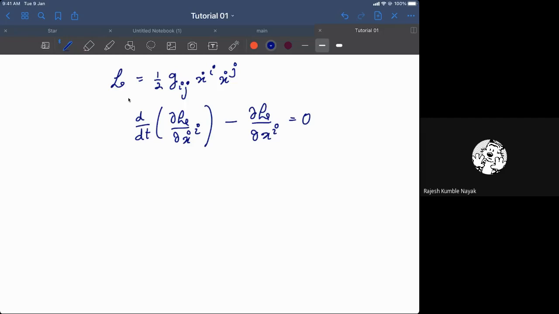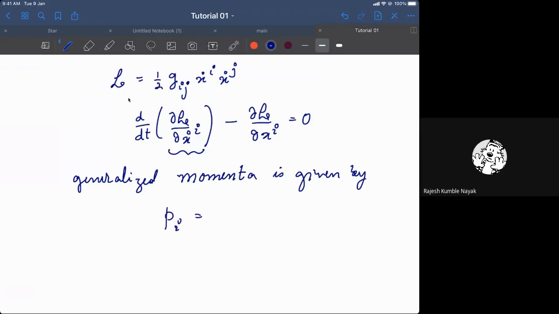Okay, so this is the Lagrange equation of motion. So let's pay attention to this part first. This is called the generalized momenta. The generalized momentum is given by p_i equal to dL by d x_i dot.